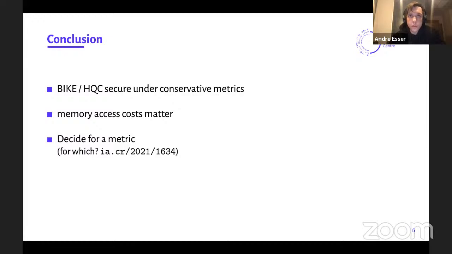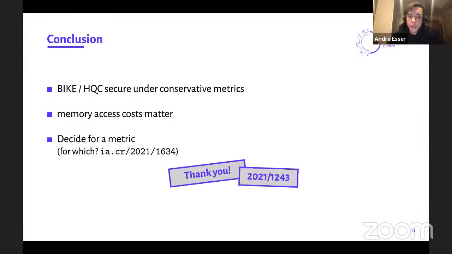And so our suggestion for the submission teams is to decide on a metric under which the parameters should be proposed, and then ensure that all parameter sets match the security levels equally well. Thank you very much.